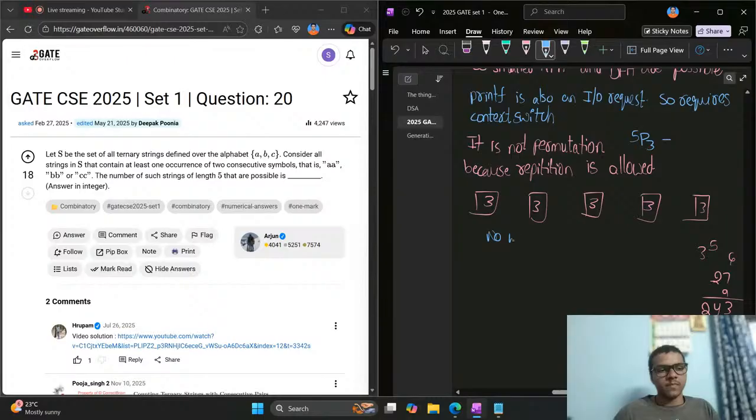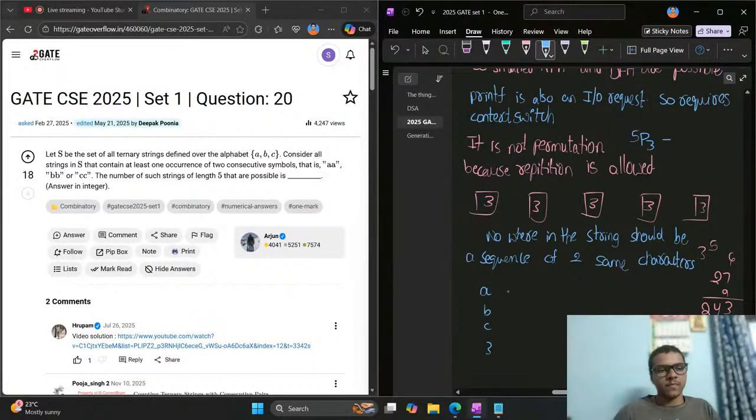So nowhere in the string should be a sequence of two same characters. So that is the complement. Let's say we chose A or B or C, that is 3.